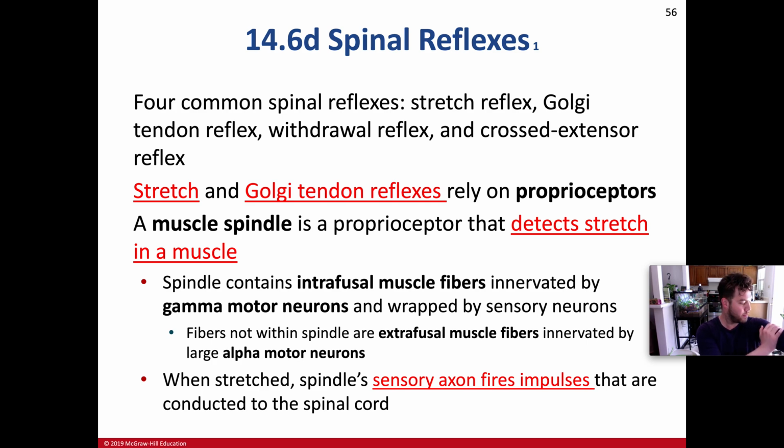So inside of the extrafusal fibers, you have these muscle spindles, and they have their own intrafusal muscle fibers. These gamma motor neurons are going to stretch the muscle spindle so that it's already a little taut. So that way, when the alpha motor neurons go to innervate your extrafusal muscles, because the muscle spindle is already a little bit stretched, it will be even more sensitive to changes in the muscle length.